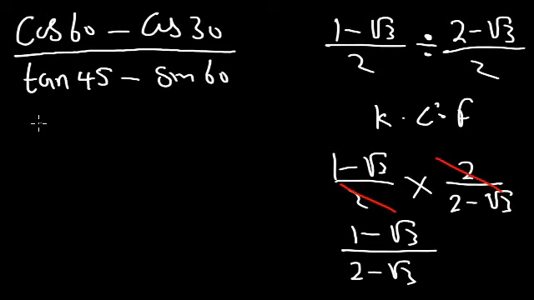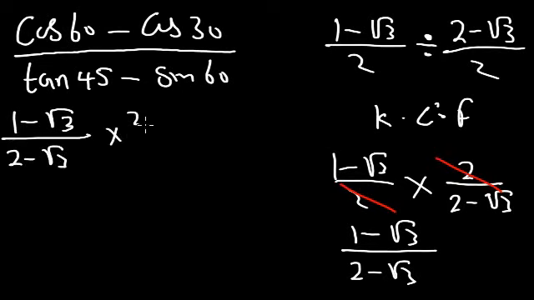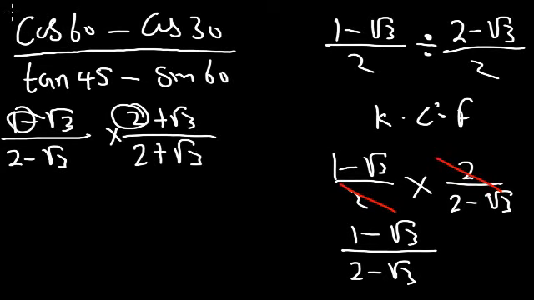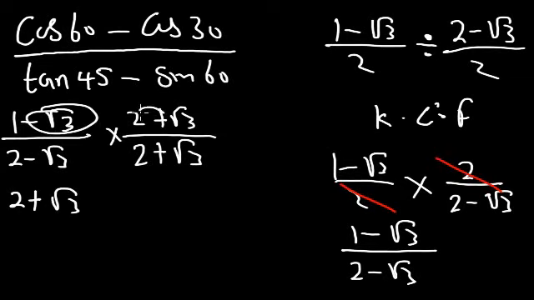So to rationalize, we multiply both the top and the bottom by the conjugate of the bottom. So that should be 2 plus root 3, all divided by 2 plus root 3. So 1 times 2, that's 2. 1 times positive root 3, that's positive root 3. And negative root 3 times 2, that's negative 2 root 3.